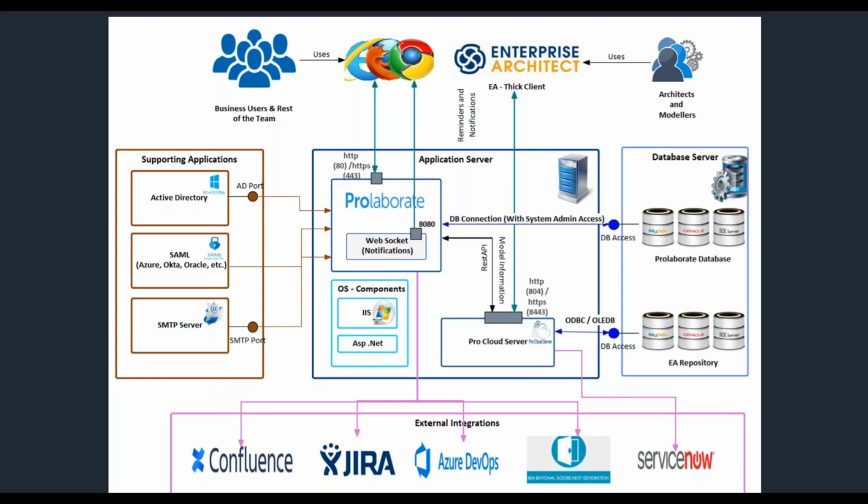So there are at least a couple of application servers, a couple of database servers to support the EA repository, the Pro Cloud Server application, the WebEA application, the Prolaborate application, and so on. They would have configured all the firewalls and rules and ports to access the information, and also to enable this integration with other tools or Active Directory and things like that.